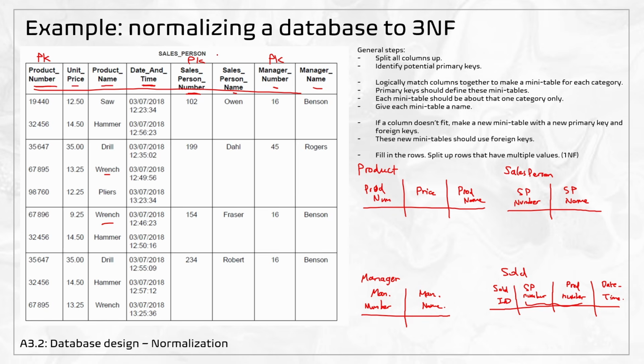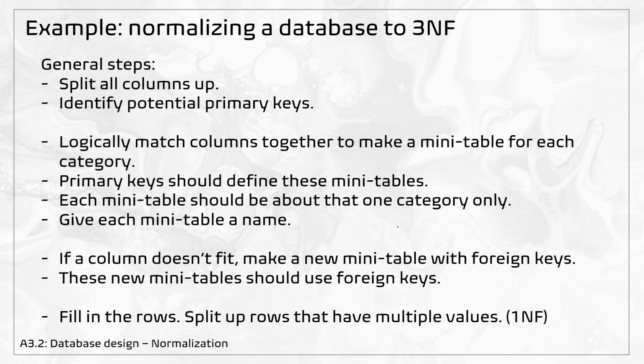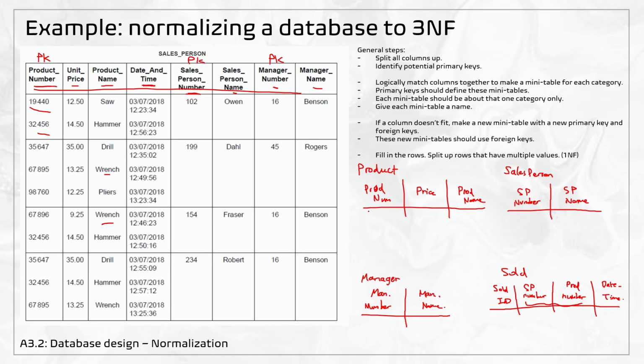Remember that 1NF requires us to not have multiple entries in the same row, so as we fill in these tables, remember to split something like these up. So, for example, let's just start filling in some of the rows. So here, product number 19440, price 1250, product name saw, and that'll be one row like that. Next row, we've got 32456, we got 14.50, and we've got hammer.